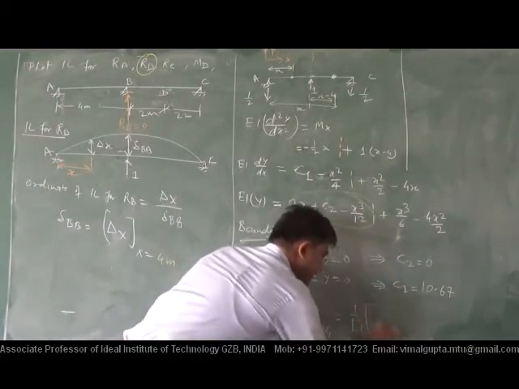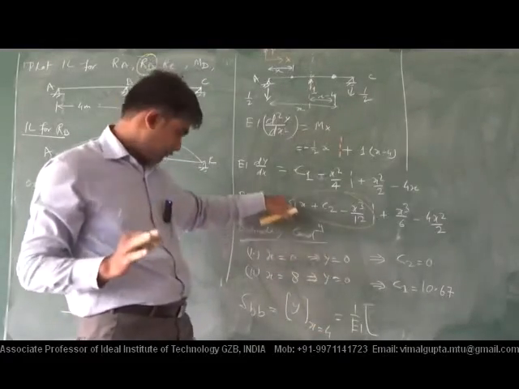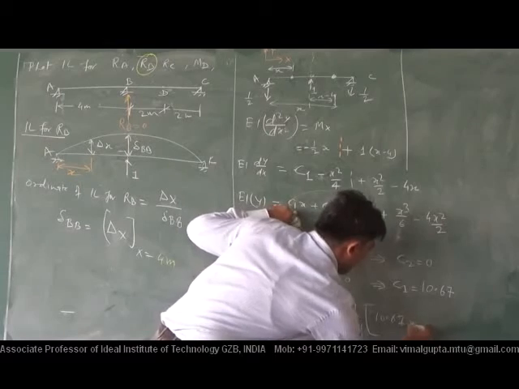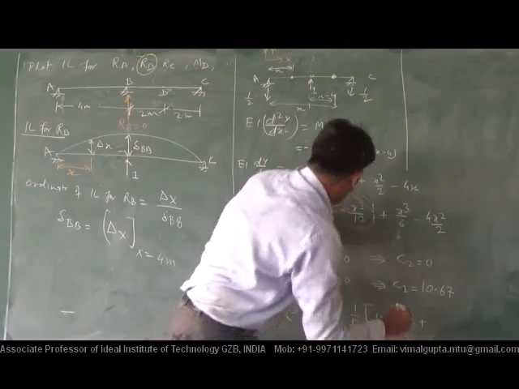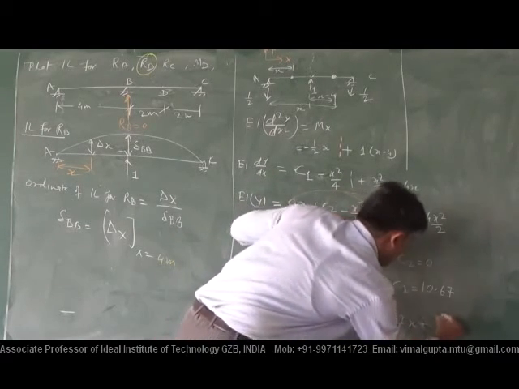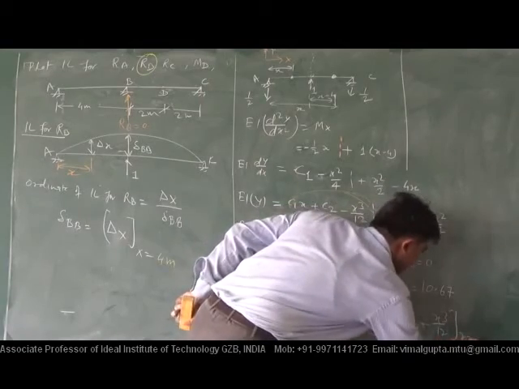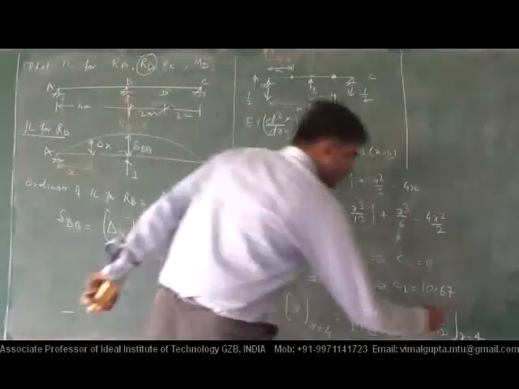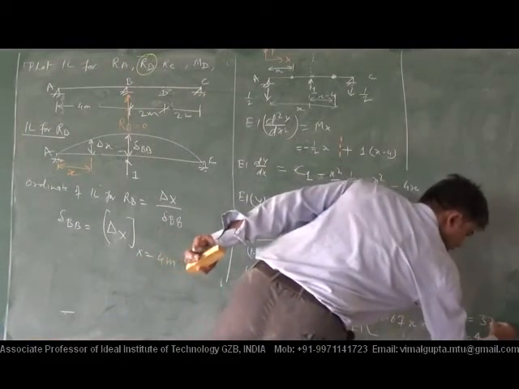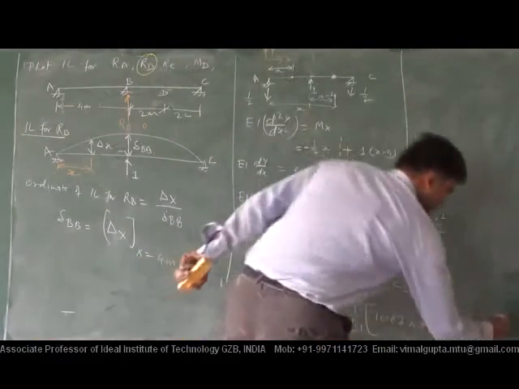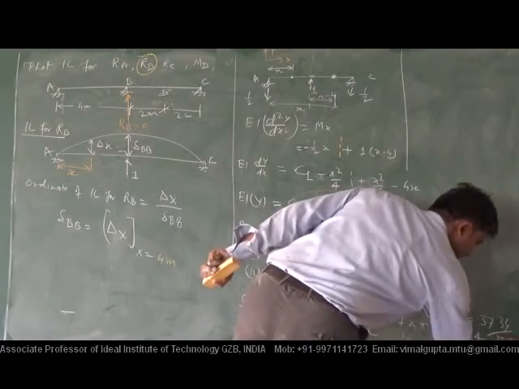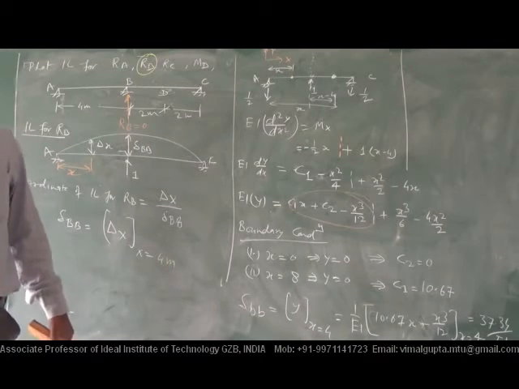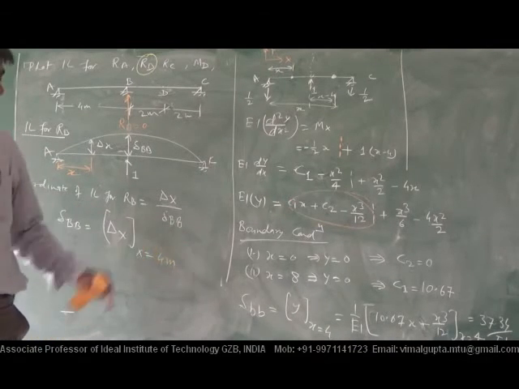So this value is 1 by EI, value of C1: C1 is 10.67 x plus C2 is 0 minus x cube by 12 at x is equal to 4. By putting this, the value is 37.34 divided by EI. This is the value of del BB.